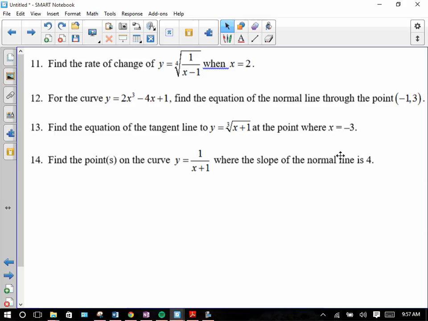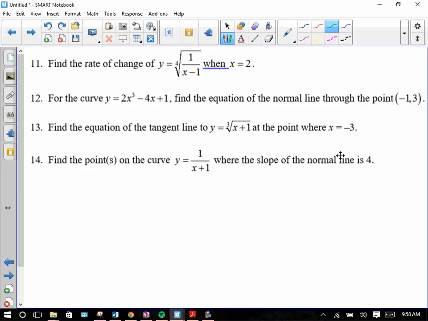Now, to help you make sure you can do this, just to get started, because eventually you're going to know how to do this without having to manipulate everything. You have to rewrite this in terms of powers that we know how to work with. We have this 4th root.